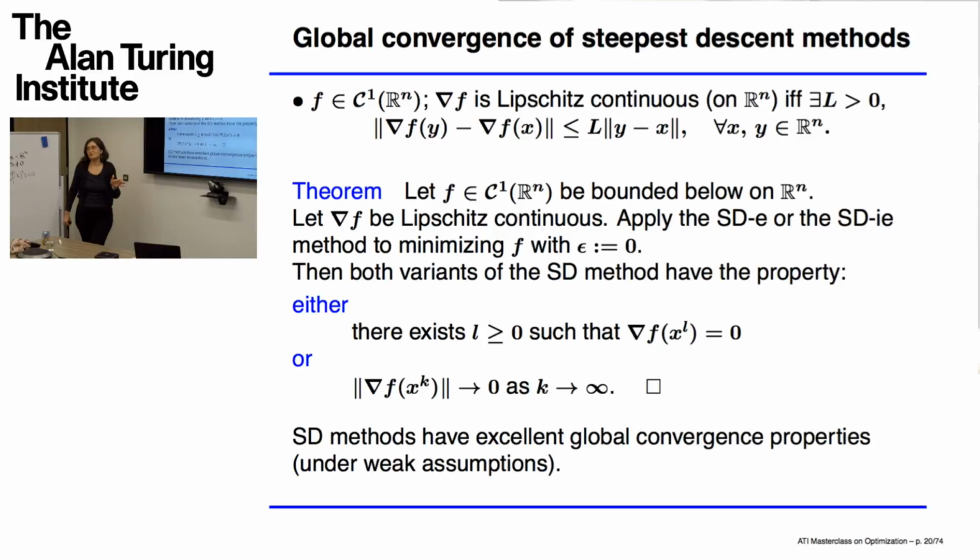I have made no assumptions on the convexity of my function. It could be given to me in a complete black box, all right? And steepest descent will converge from an arbitrary initial guess. This is a very, very large class of functions for which we can guarantee that this method converges. So this is a very, very weak assumption. So this is all great.